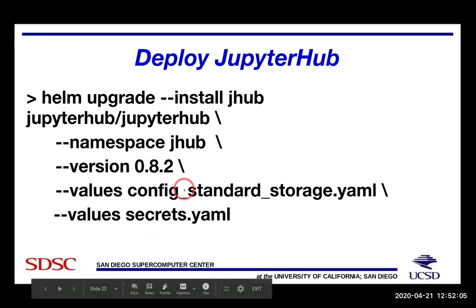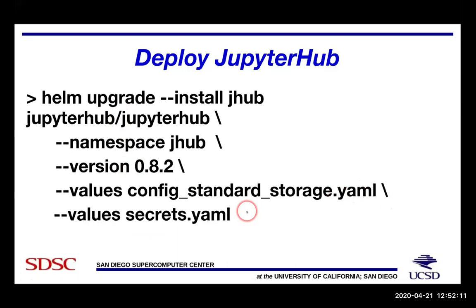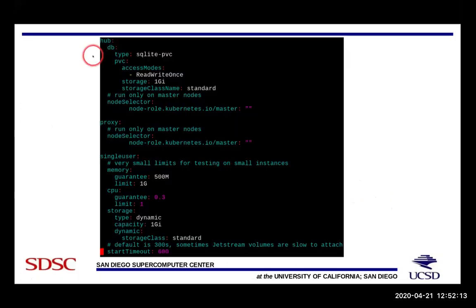You provide some configuration options through YAML files, so let's take a look at an example of that YAML file. You see it is hierarchical. For example, at the top there are all the configuration options for the hub, the actual container which is running JupyterHub, and then here the single user.